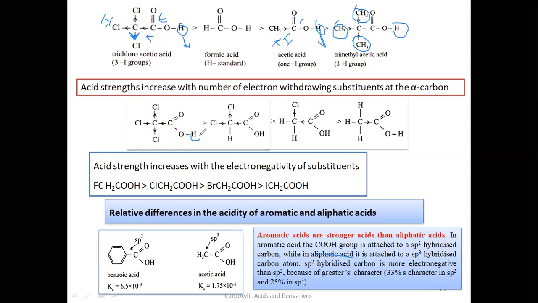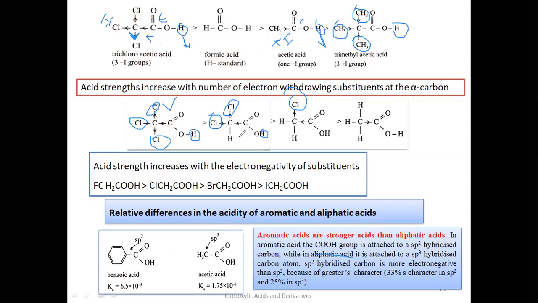Therefore, this proton can be eliminated very easily. There are 2 electron withdrawing groups. It will also eliminate this proton easily, but not as easily as this one. There is one electron withdrawing group here, 1. Here, 2. Here, 3. Here, there is no electron withdrawing group.